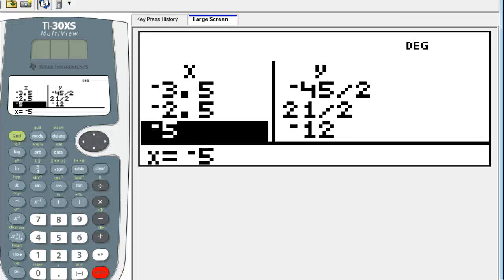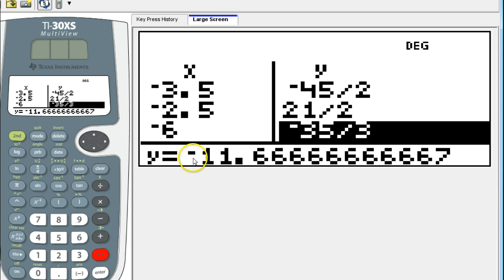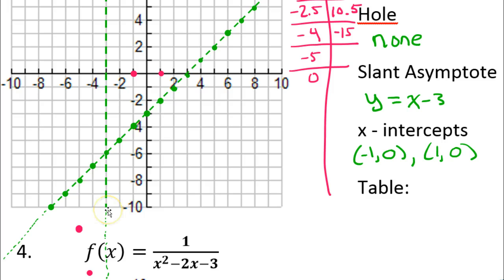How about negative 6? At negative 6, I'm at negative 11.6 or negative 11.7, so that's pretty close to this. I said I wanted 3 points, so it'll be about here.